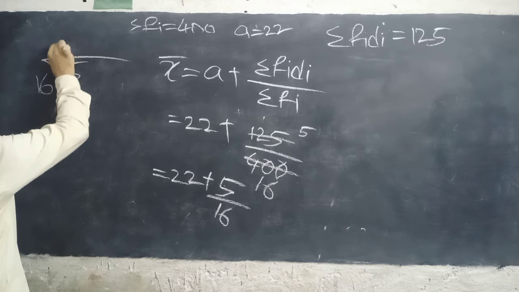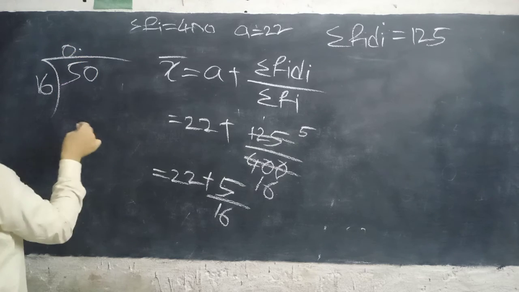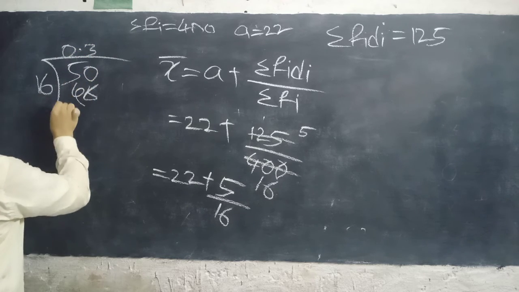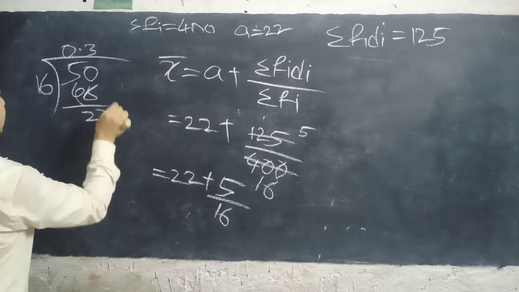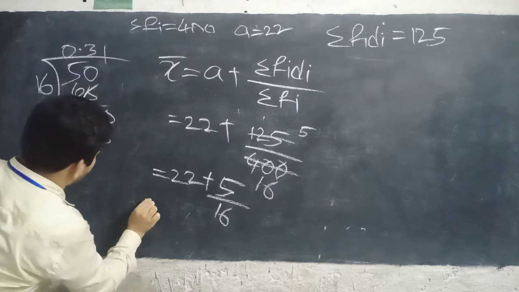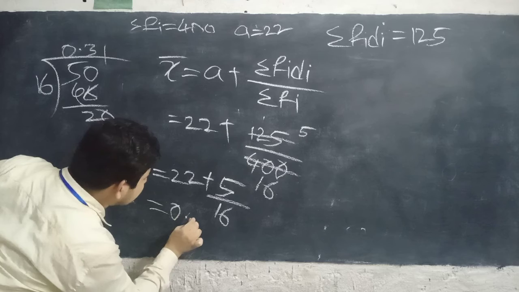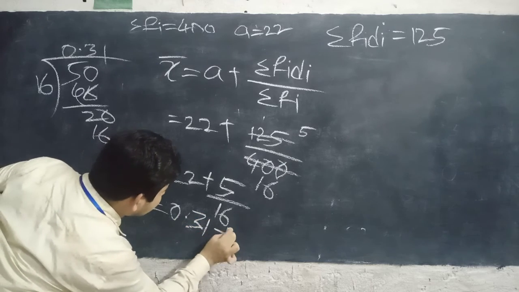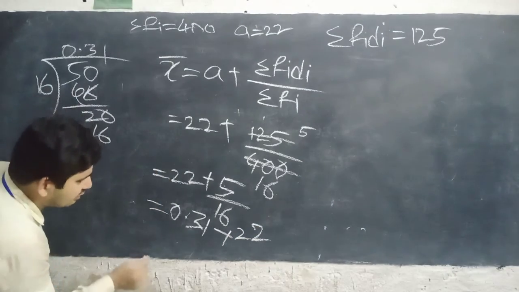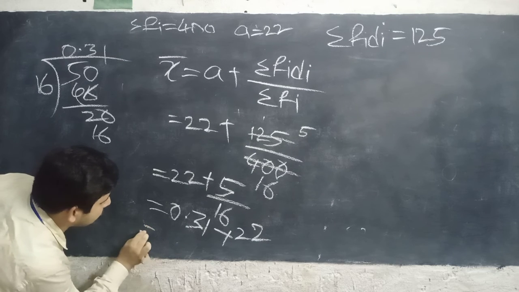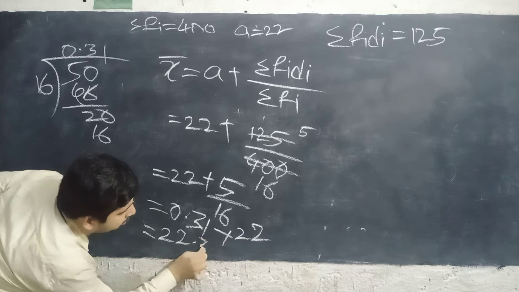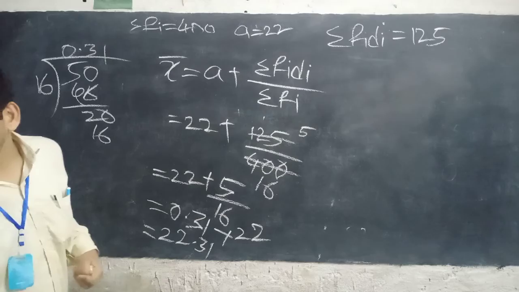Can't go, so put a point. 0.3125, so 0.31 plus 22 equal to 22.31. Any doubt?